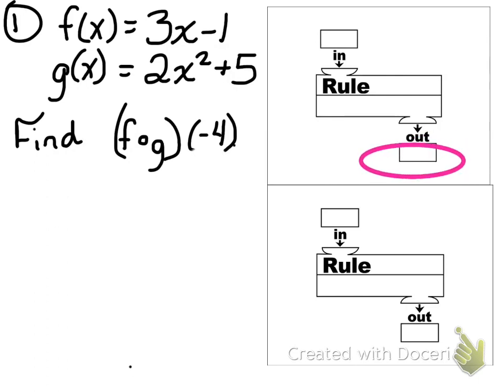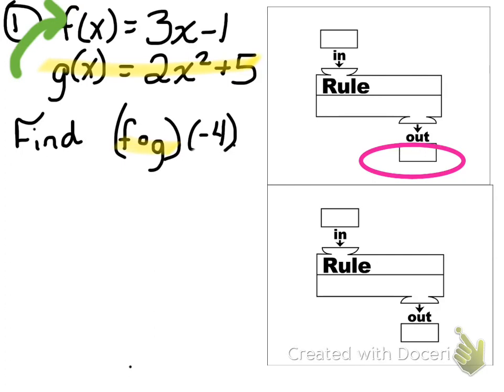So this composite function is f of g of -4, excuse me. What that means is we are going to take the g function and bring it into the f function and come up with a separate equation.